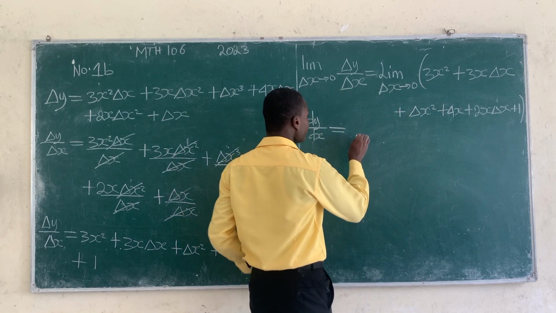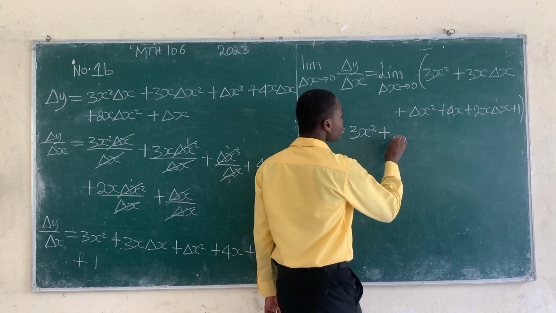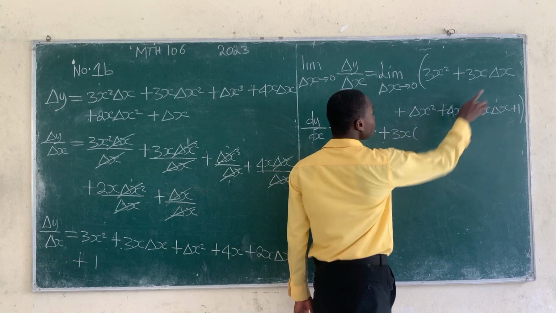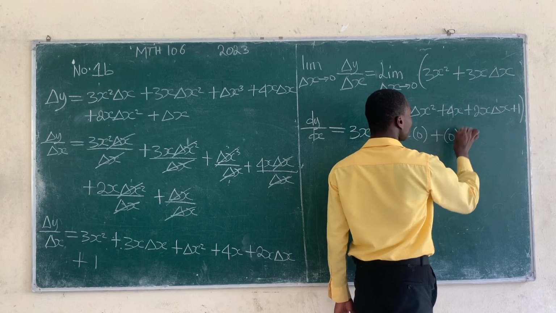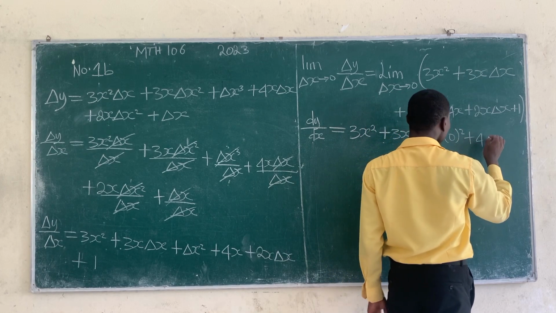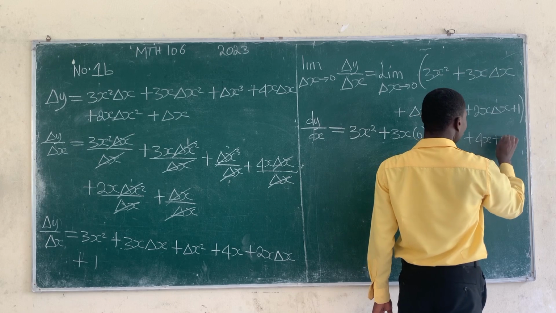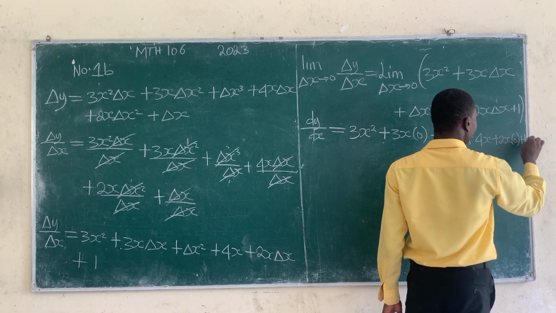So what we have here is 3x squared plus 3x into 0, plus 0 squared, plus 4x plus 2x into 0 plus 1.